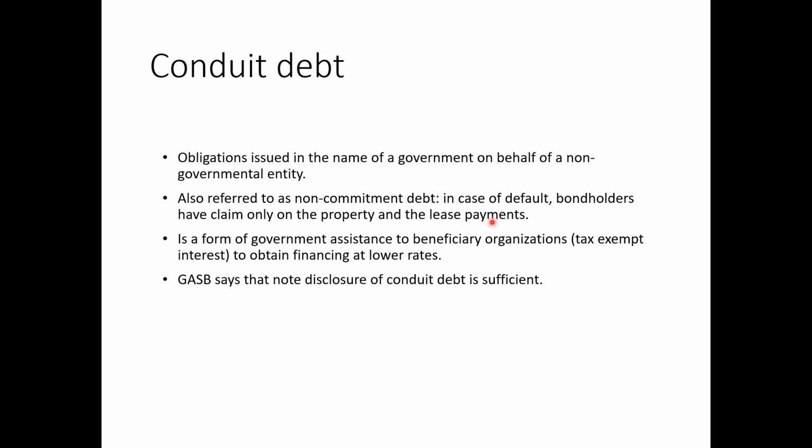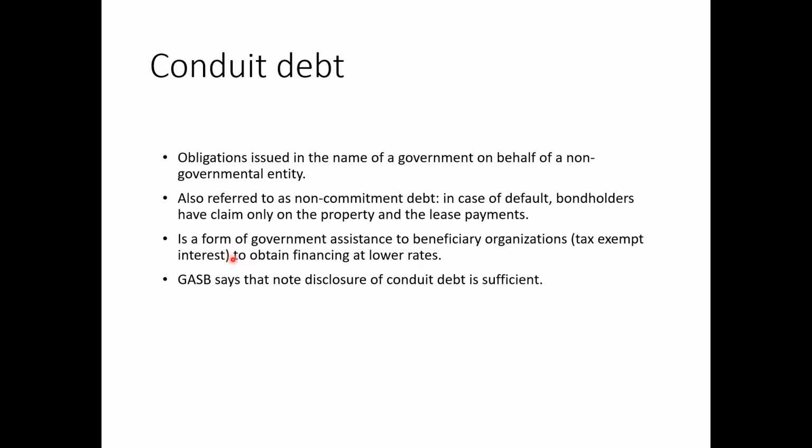Because the government is not responsible to pay it back. It is in the form of governmental assistance to a beneficiary organization. So it's a kind of assistance. And also these bonds are interest or tax exempt, so they become very attractive to investors. They don't have to pay tax on the interest earned.